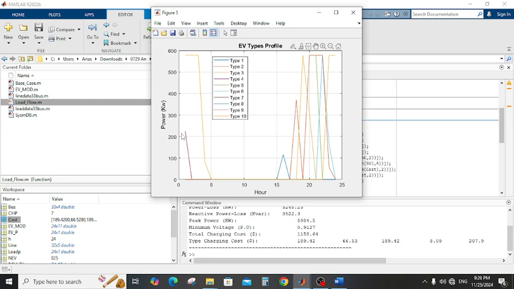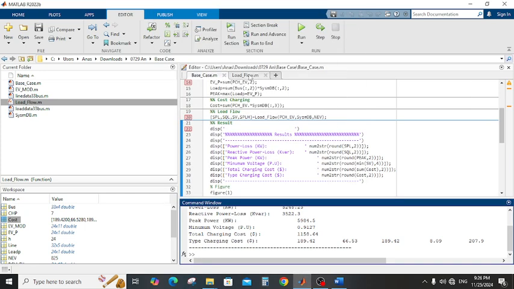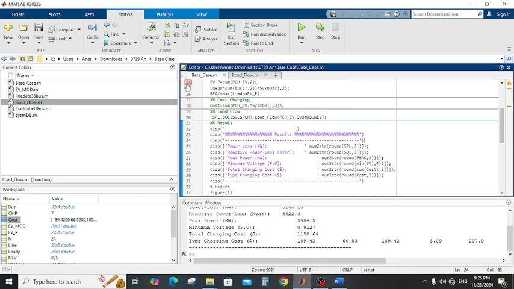And also the same thing for this type of generation, maybe type 5, the green one, and how it behaves during the days. And this is for the base case and the result.